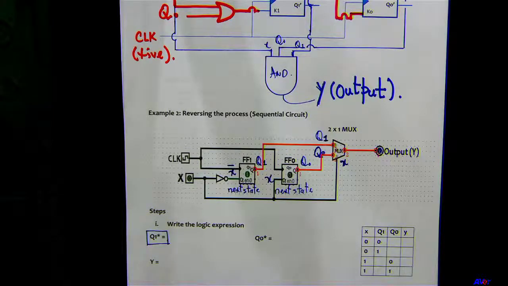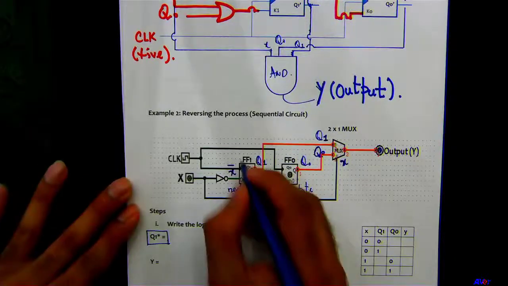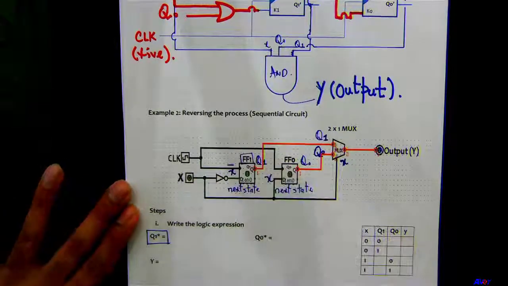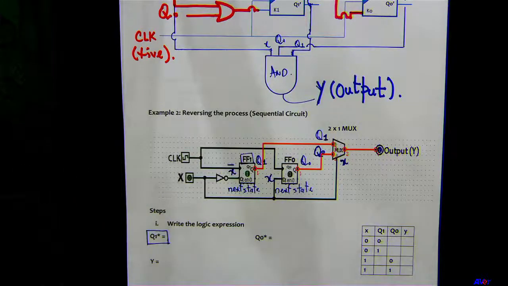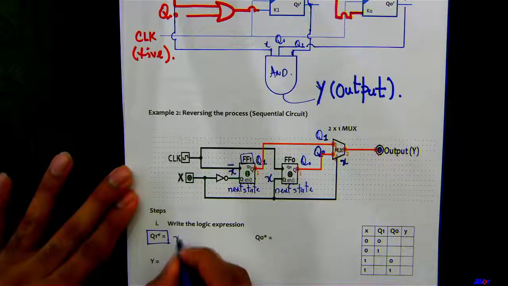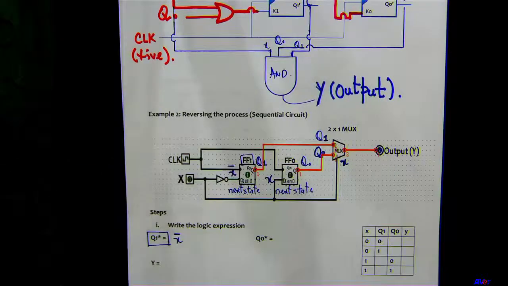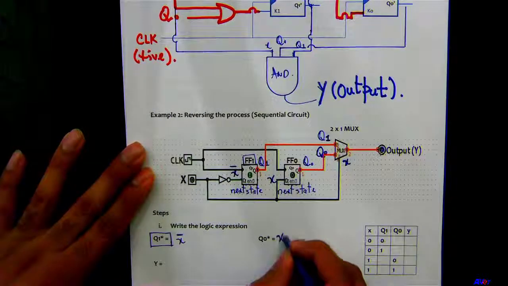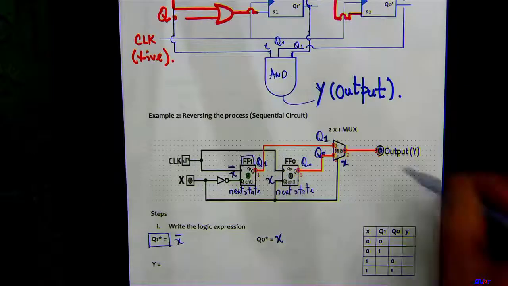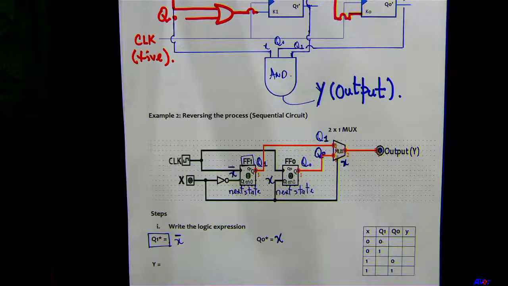Yes, guys. Where's flip-flop 1? It's right here. Where's the next state? It's right here. And the next state is what? X bar, correct? So X bar. What about the next state for flip-flop 0? X, okay. Okay, what about Y? What is the expression for Y here?